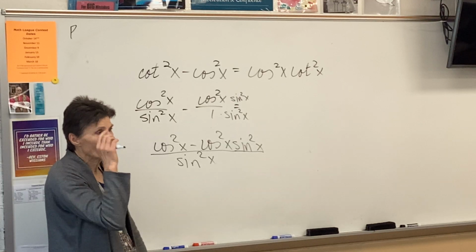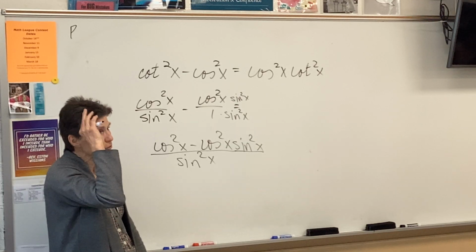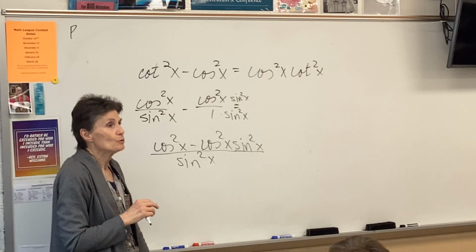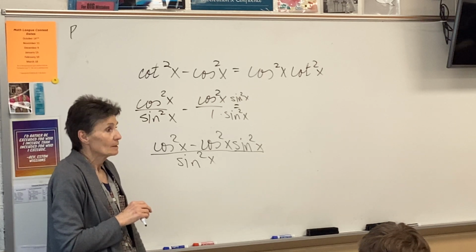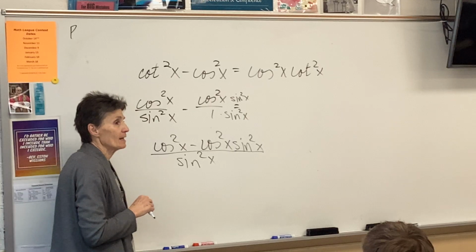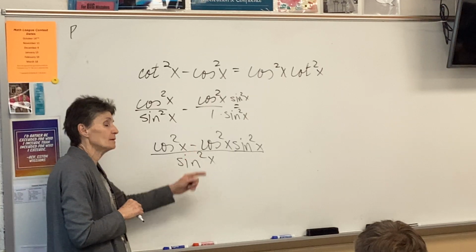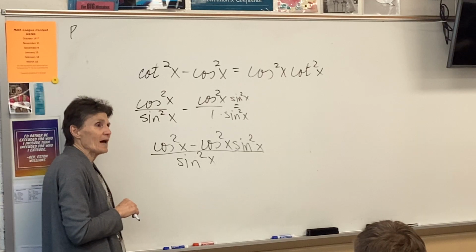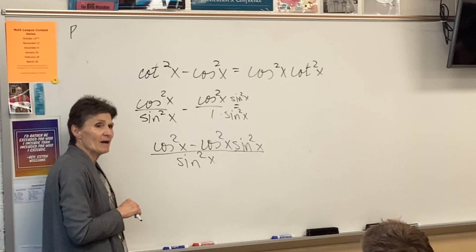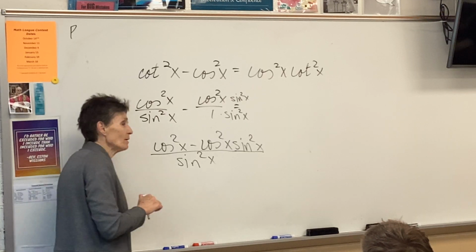Now look at your numerator. Does anything occur to you that you could do in the numerator? You can't cancel anything because of the minus sign. But can we factor? So why don't we do that?